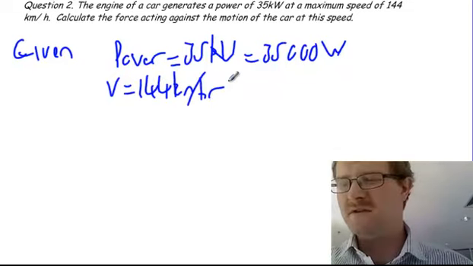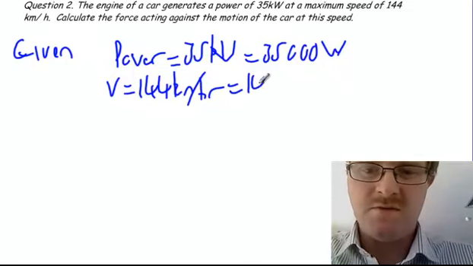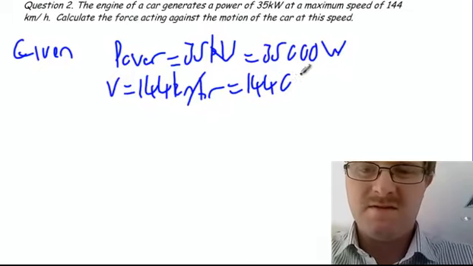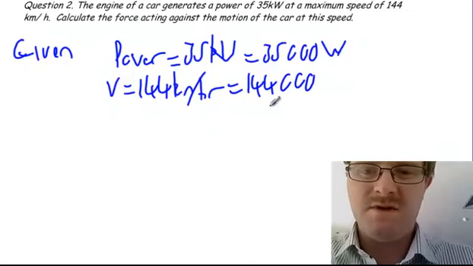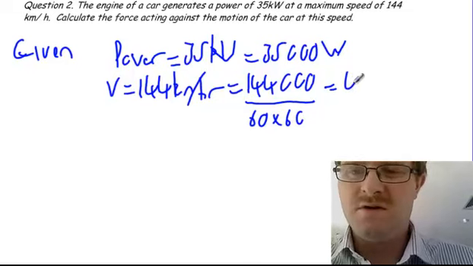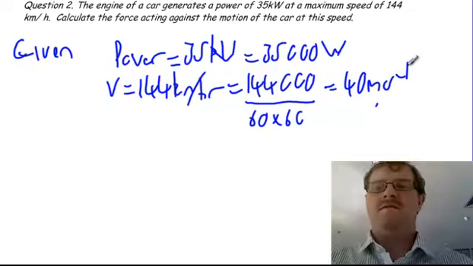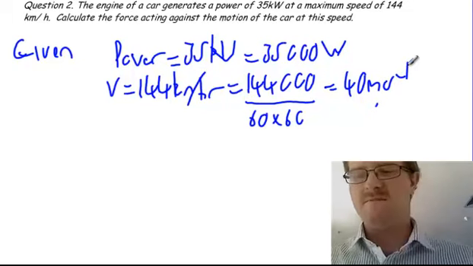I'm obviously going to try and convert this into meters per second. So I will have this as 144,000 meters divided by the number of seconds in an hour, 60 times 60, which all comes out at a lovely value of 40 meters per second.